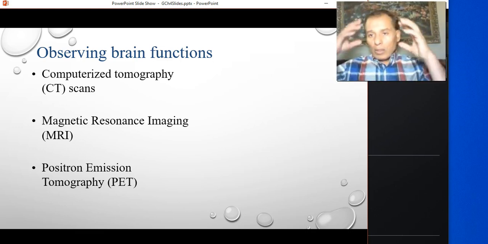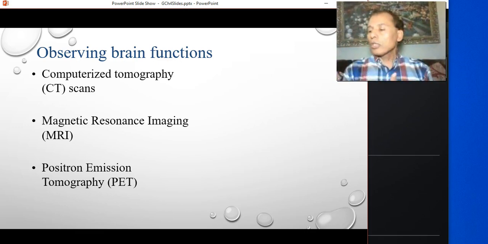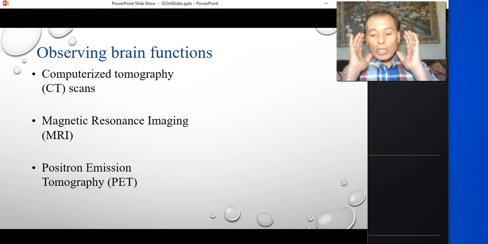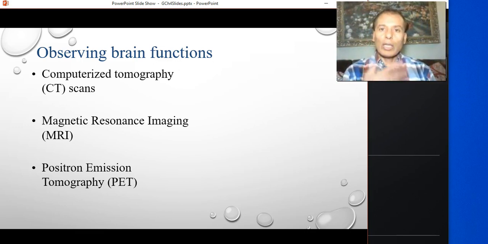That is, you have electrodes, and then you read something or you say something, they give you a task, and they show live what the brain is doing while you are performing functions, like communication or memory and stuff like that.